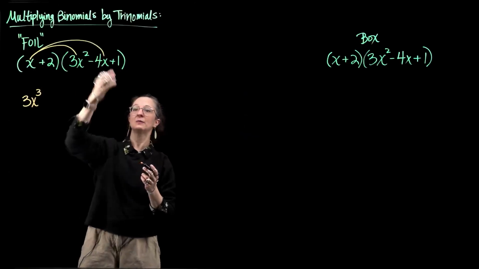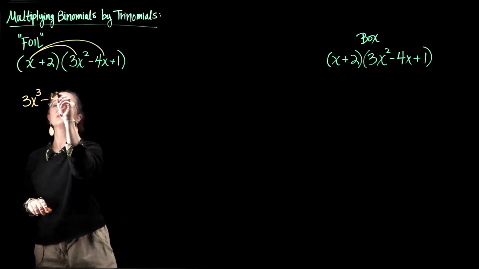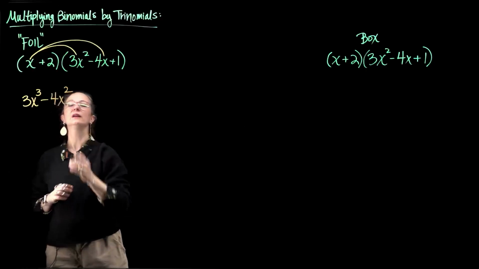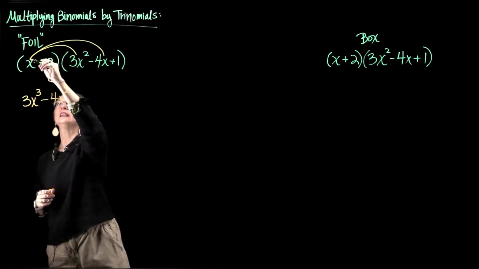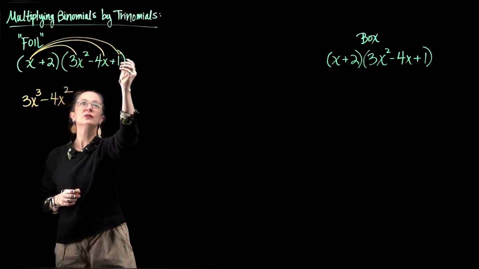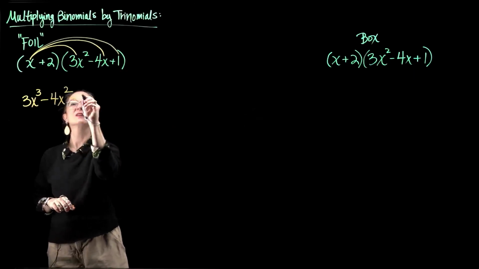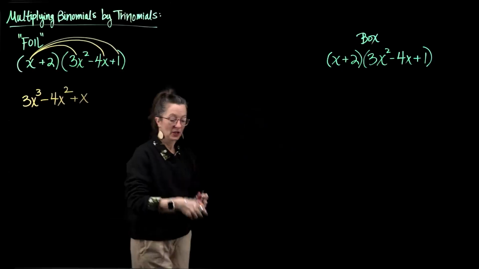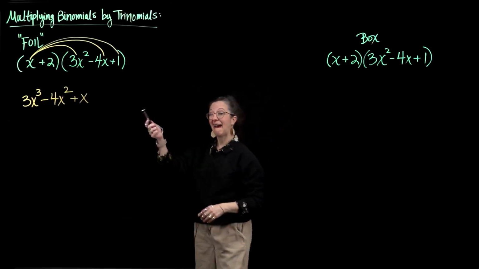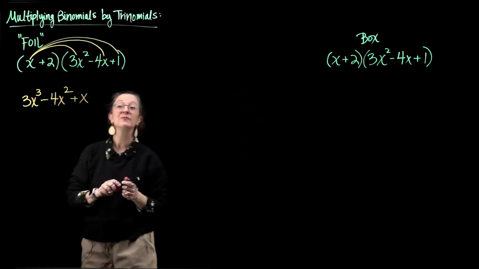So we have x times minus 4x gives me minus 4x squared. And then finally, I'm going to multiply the x by the third term in the trinomial. I have an x times a positive 1, just gives me plus x. So that was me multiplying the x part through that trinomial.